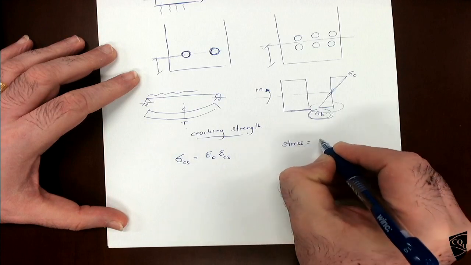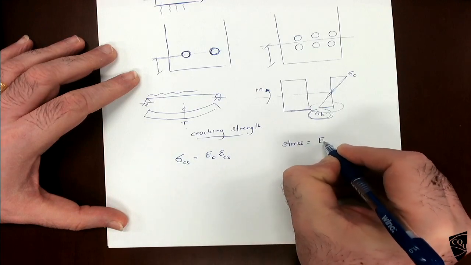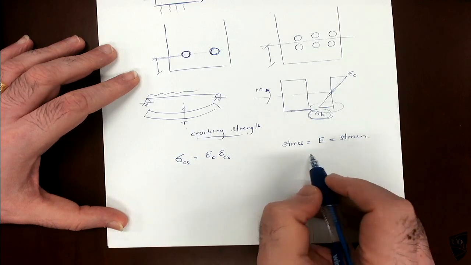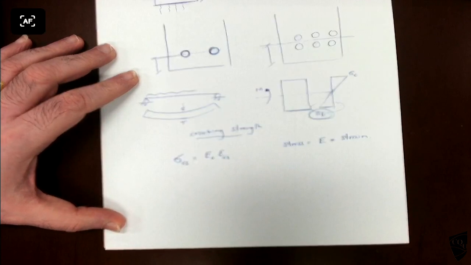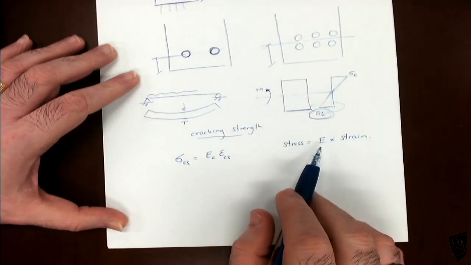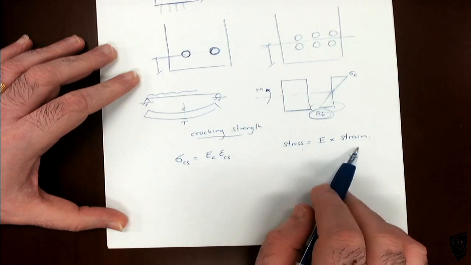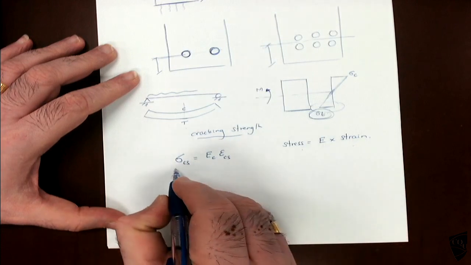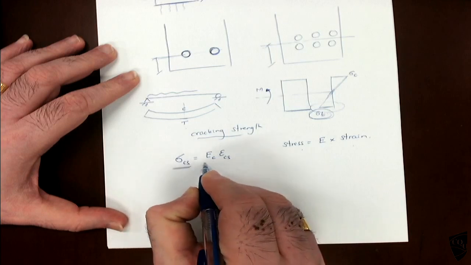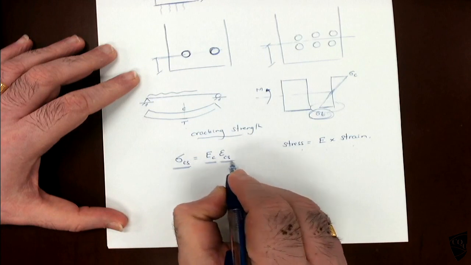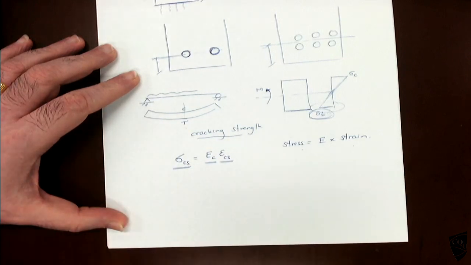Stress is equal to elastic modulus times strain. That is basic strength of materials. So the shrinkage stress is equal to the concrete elastic modulus times the shrinkage strain.